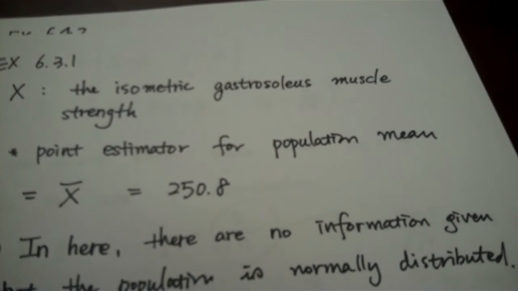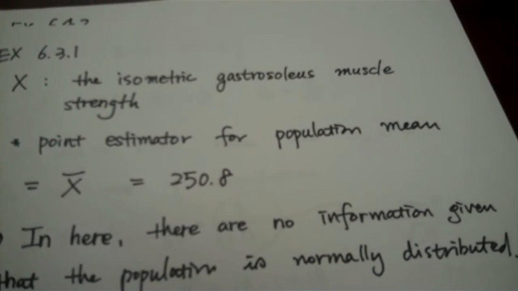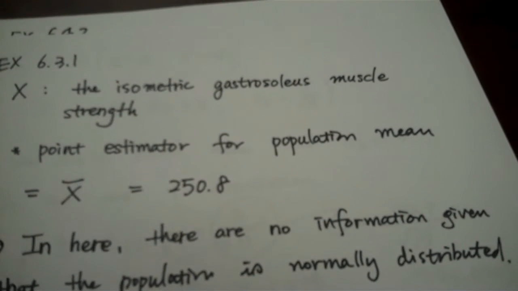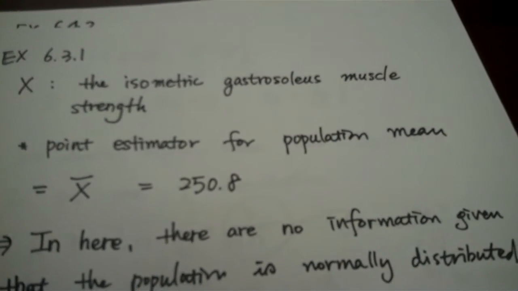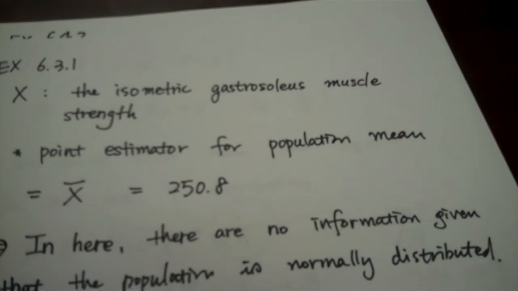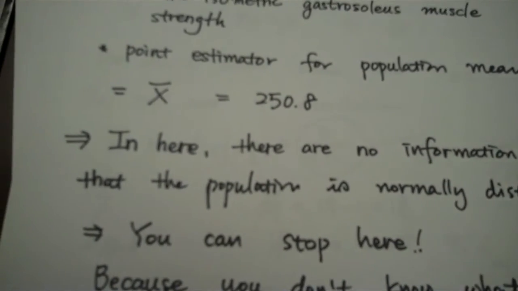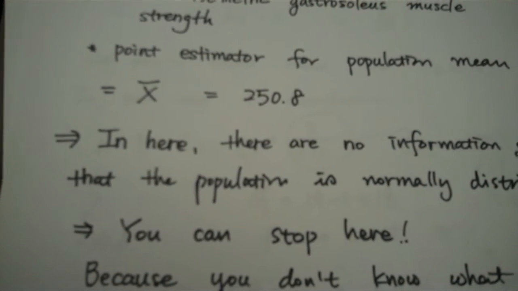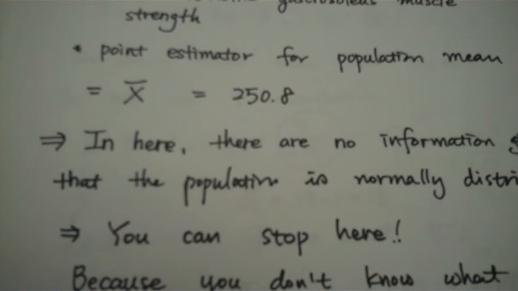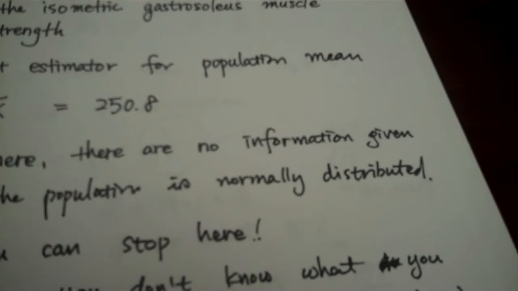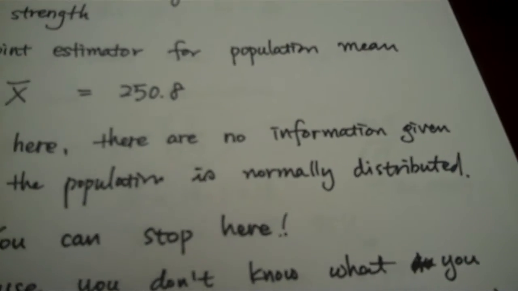Here, no information is given that the population is normally distributed. If you don't have any more information about the sample size, you can stop here. The question gave only 19 patients, so the sample size is smaller than 30, and we cannot use the central limit theorem.